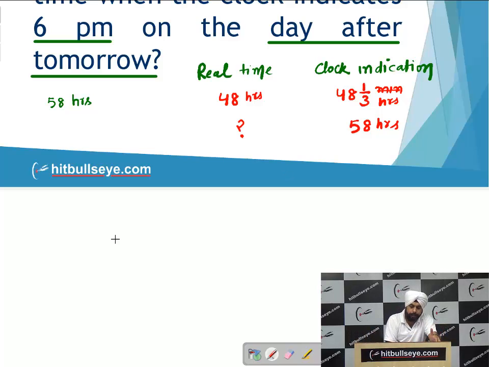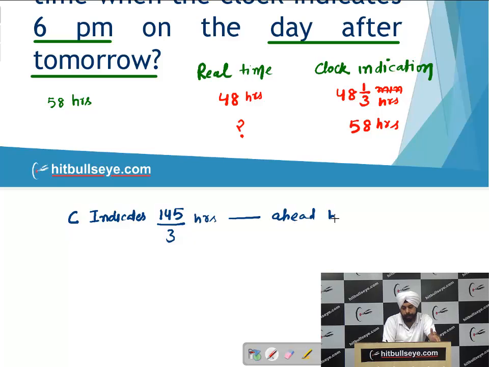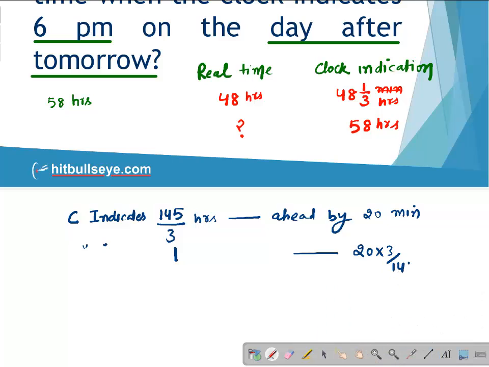We can say when the clock indicates 48 1/3, or 145/3 hours, it is ahead by 20 minutes. So when the clock indicates 1, it is ahead by 20 into 3 by 145.